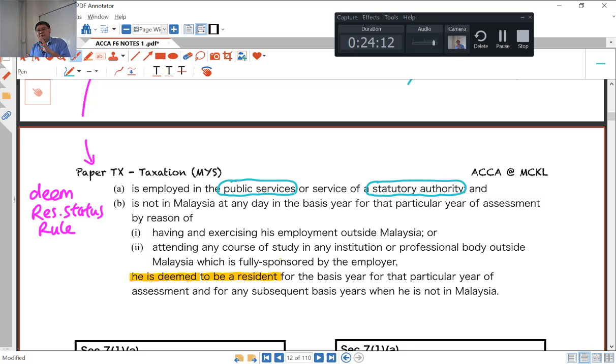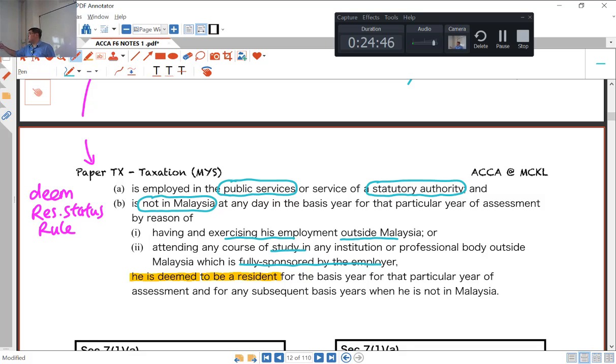Now, so you serve with the government sector and you are not in the country. The reason you're not in the country is either you have to go overseas to exercise employment, or you are sent overseas to study, and that must be sponsored by your employer.